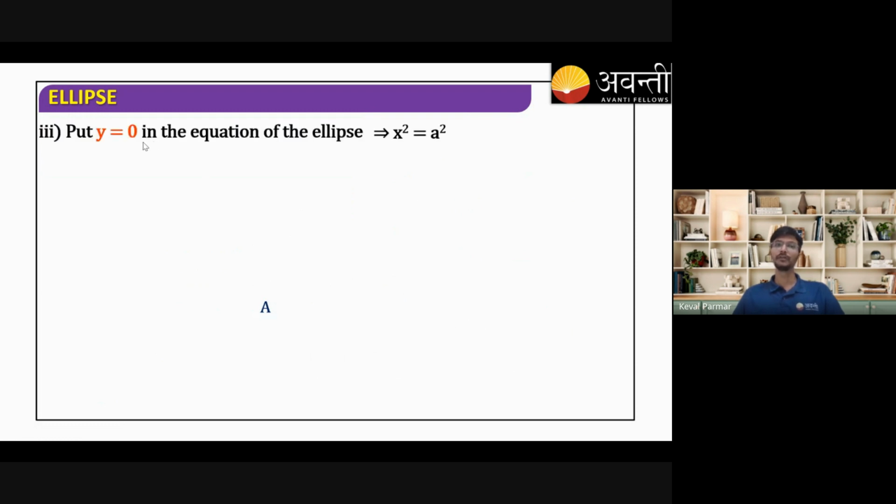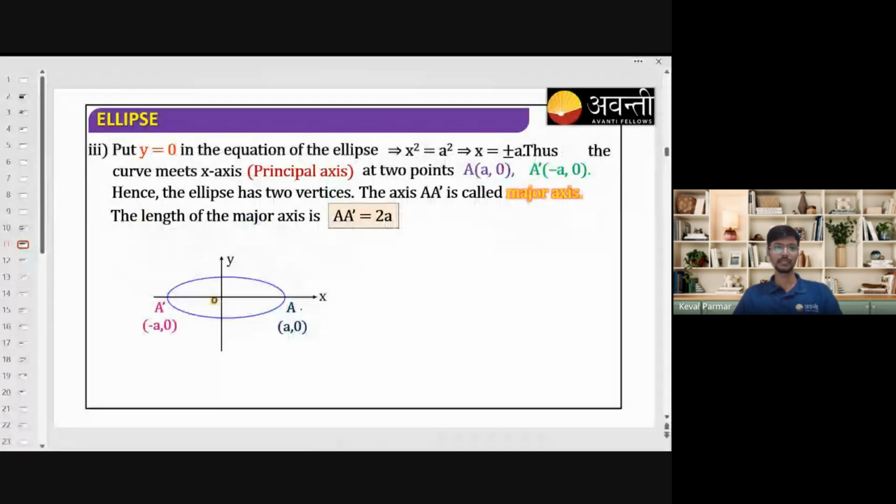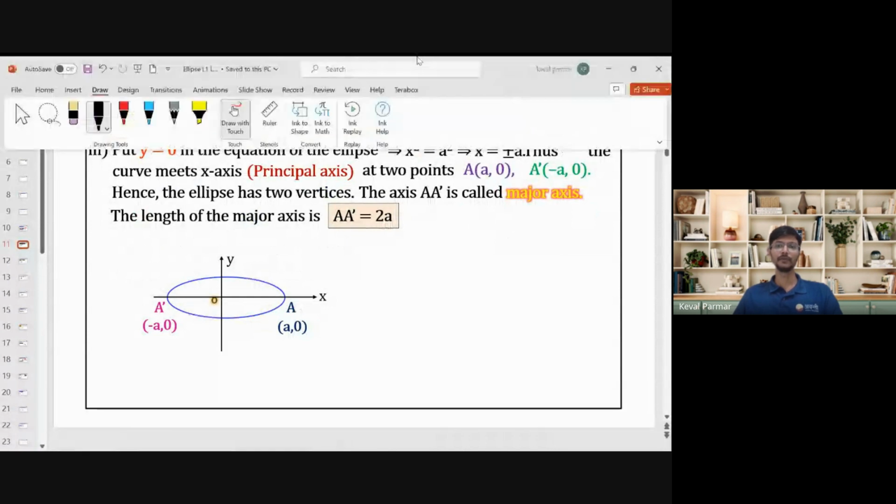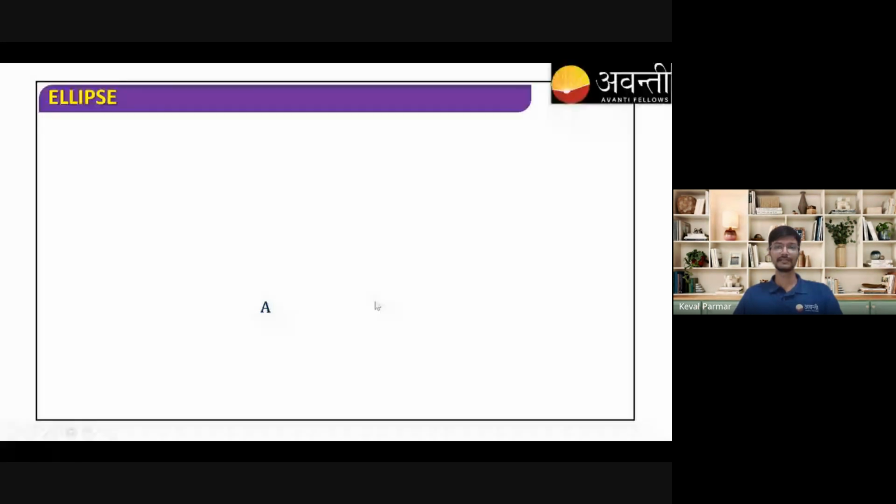This we already saw. Put y equals 0 in the equation of ellipse. What does it mean by putting y equals 0? Y equals 0 means we are getting the x-intercept.